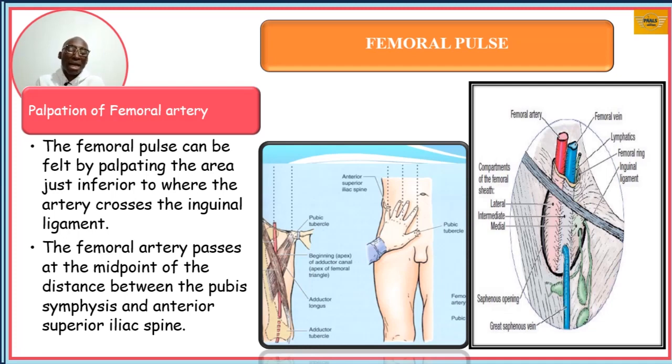We have some very important clinical correlates to the femoral artery. We'll start with palpation of the femoral artery. Now, the palpation of the femoral artery, called the femoral pulse, can be taken at the area below the inguinal ligament.